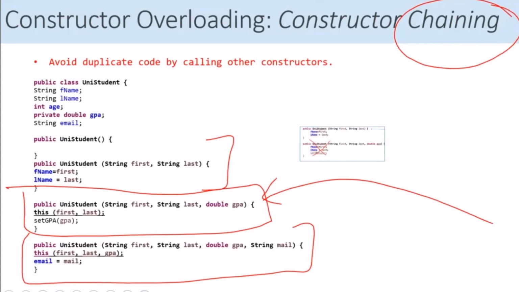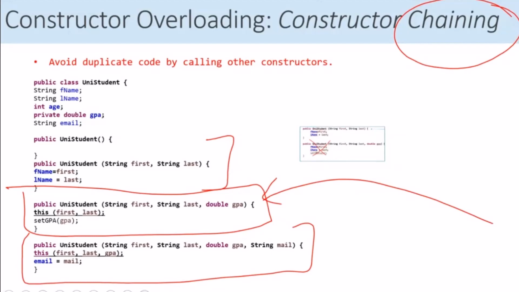Fine. Look at the last constructor now. How many do we have here? 4. Right. What's the first line in the last constructor? This what? String, string, double. This is how I want you to think. Which constructor takes string, string, double? The third one. So which values will be given to the third constructor?